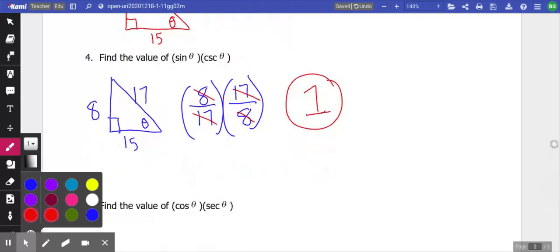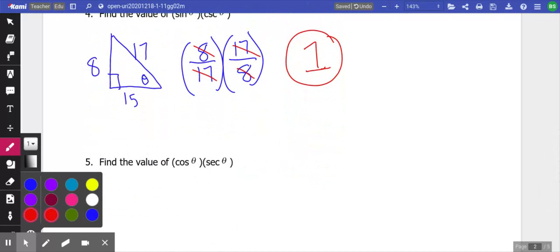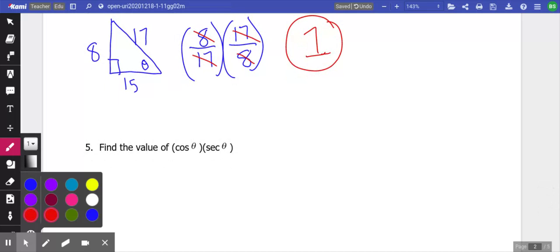Let's see what happens when we find the value of the cosine of theta and its reciprocal secant theta. So using that triangle above, cosine theta is 15 over 17. And if I multiply that by the reciprocal, secant theta, it would be 17 over 15.